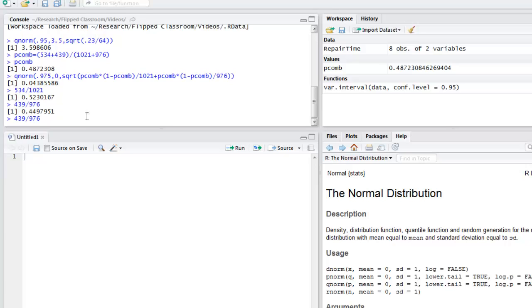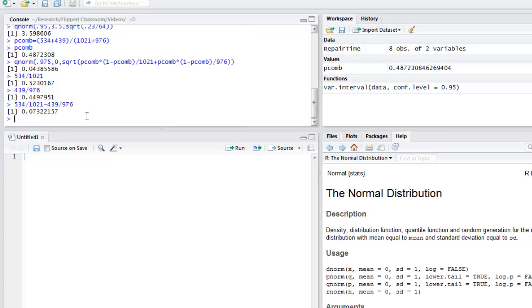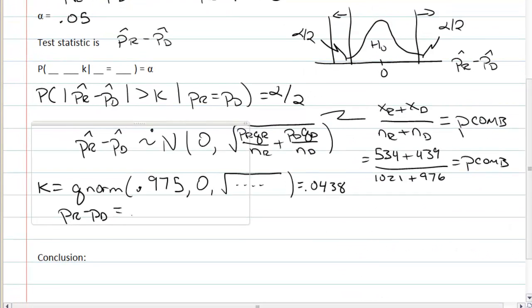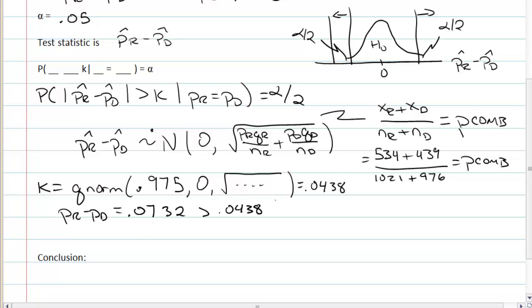We'll want to take the difference of those two guys. You gotta be careful, it was Republicans minus Democrats, subtracting Democrats from the Republicans. And that value is 0.0732, which is greater than k. I will reject H naught.